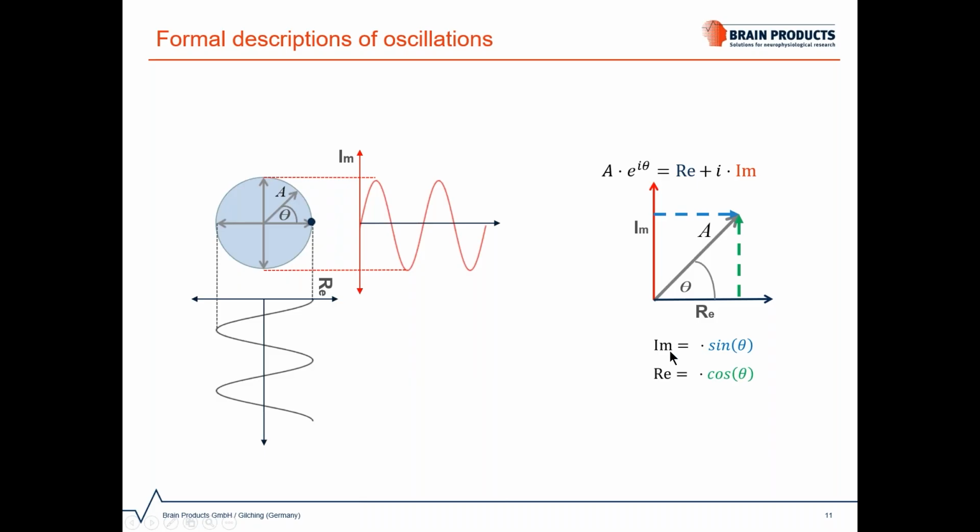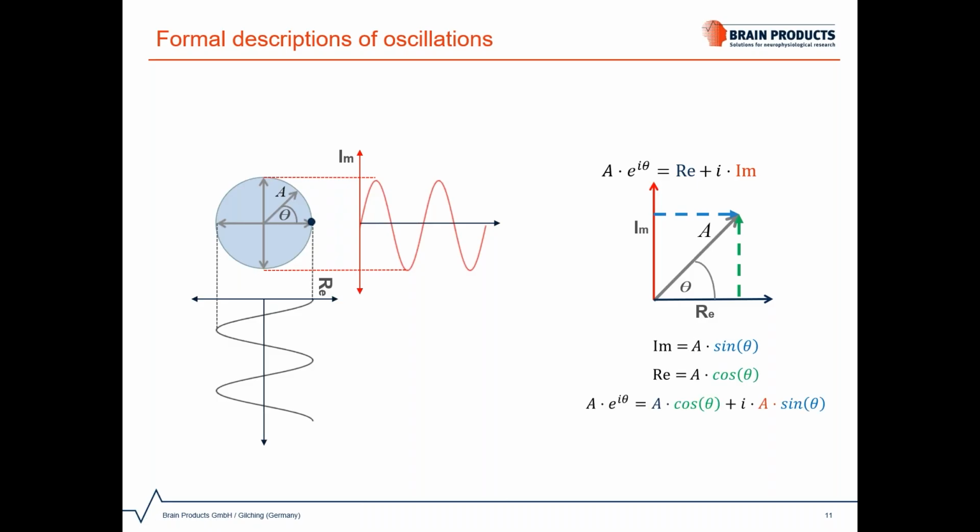Therefore, the sine on the imaginary axis and the cosine on the real axis can define every possible phase angle and represent the complete oscillation when scaled with the factor amplitude.